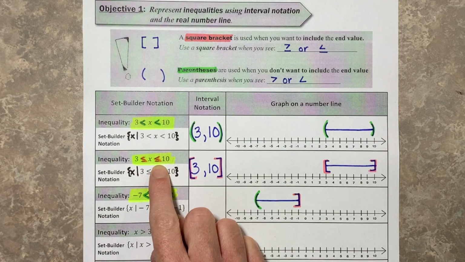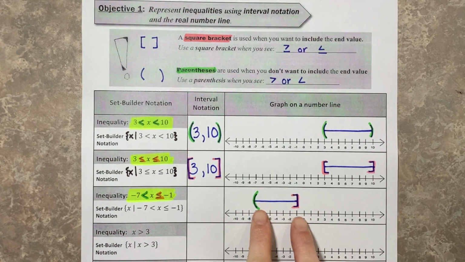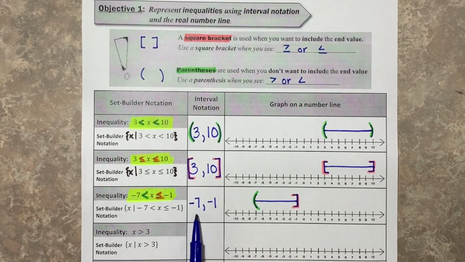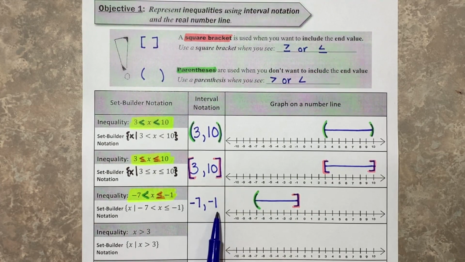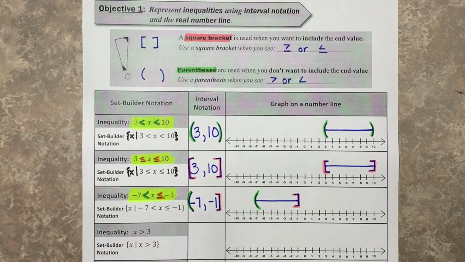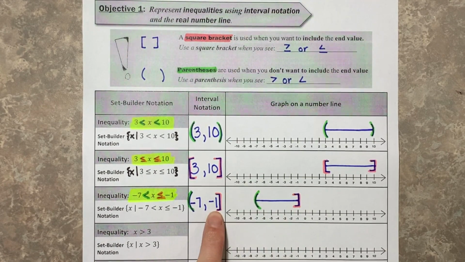So x could equal 10. So we want to include 10. Okay, to quickly write this in interval notation, I've listed the lowest endpoint on the left and the highest endpoint on the right. I see on the number line that next to the -7, we should use a parenthesis, and next to the -1, we should use a square bracket.